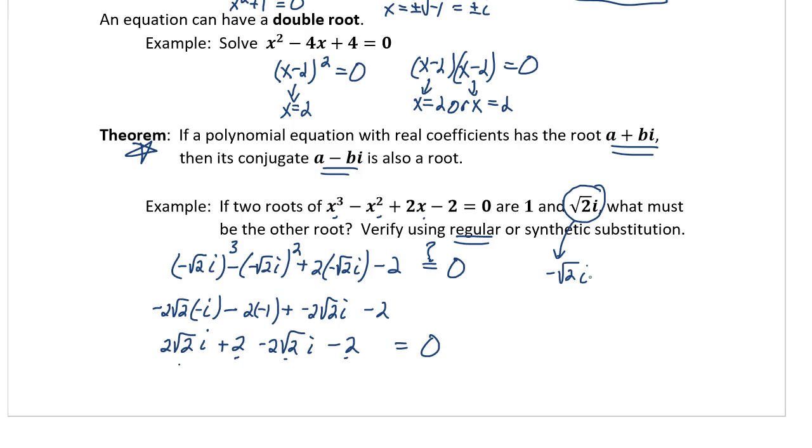Let's summarize the lesson. We discussed the fundamental theorem of algebra, which basically says that any polynomial equation will have as many roots as the degree of the polynomial. So if a polynomial is like x to the 5th power, there's going to be 5 roots. Now some of the roots might be real numbers and some of them might be imaginary numbers.